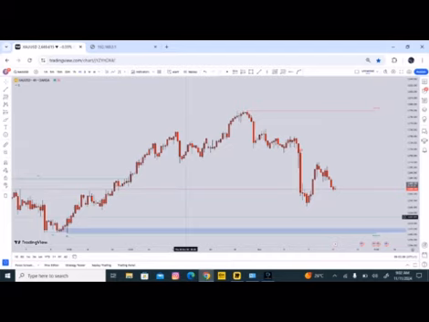Bar charts display open, high, low, and close price for each time period, while the candlestick charts show price movement in a visually appealing format, with each candle representing price action over a specific time frame, like what I just said, right?